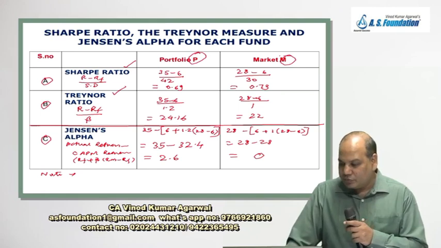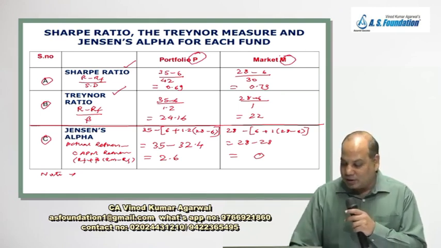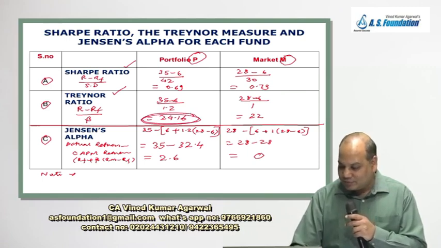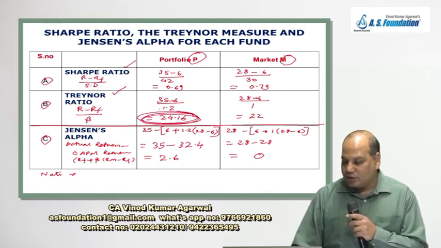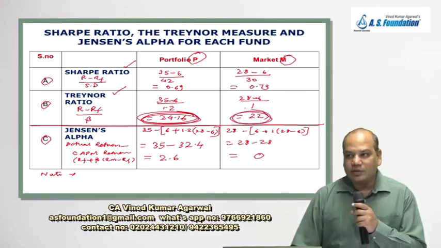So under Sharpe or under Treynor, portfolio P has performed better than market. Check. Under Sharpe it is underperforming. But under Treynor, on the screen, the Treynor ratio of the portfolio is higher than the market.